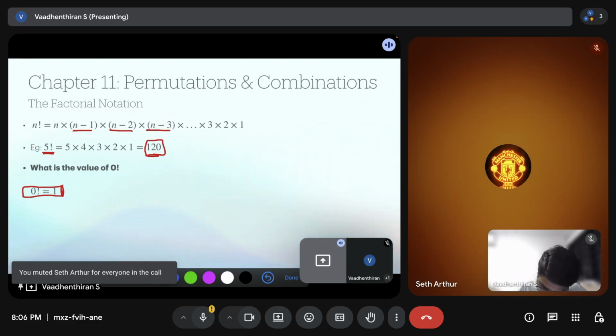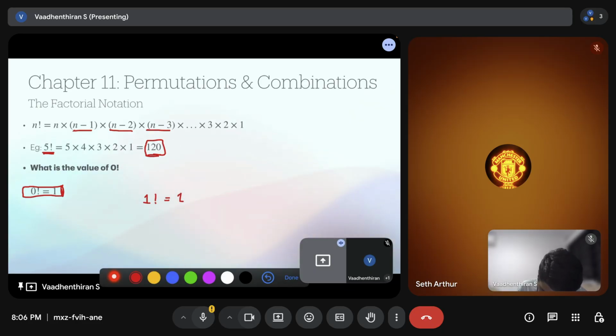So you know that 1 factorial will be 1, 2 factorial would be 2, 3 factorial will be 6, 4 factorial will be 24. So what happens is when you go to 0 factorial, you just follow the pattern.